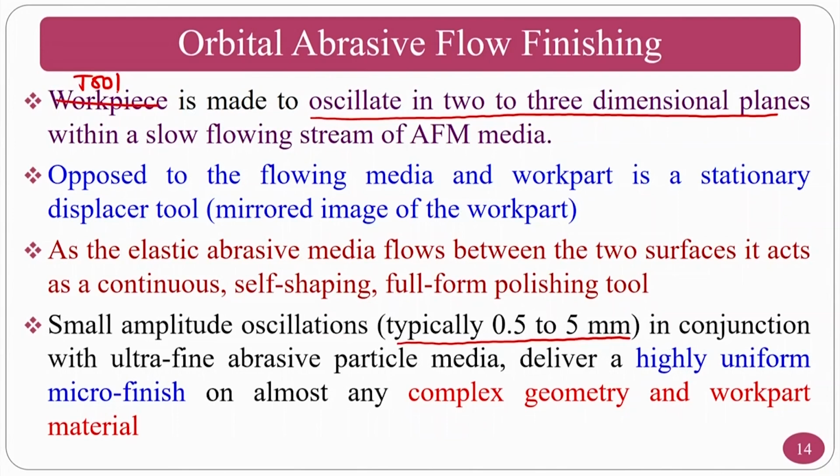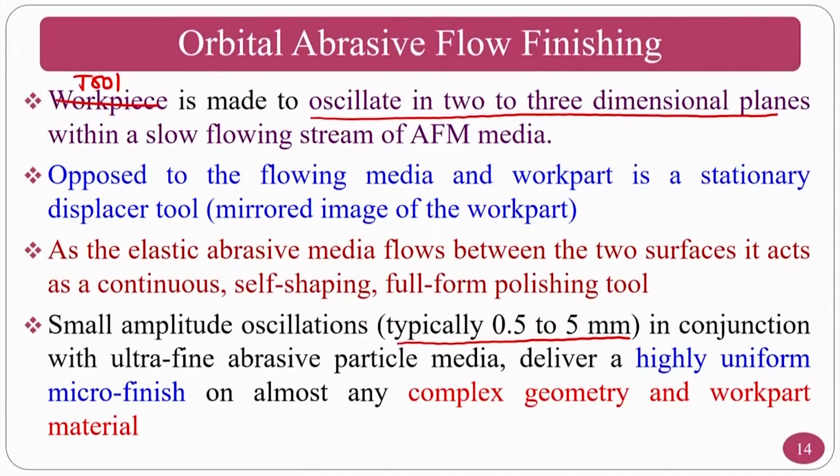Normally the tool is made to oscillate or given orbital motion. The workpiece is stationary, and in between, the medium will reciprocate. Because of these multiple actions of the tool as well as the abrasive medium, the workpiece will be finished to micro to nano level.